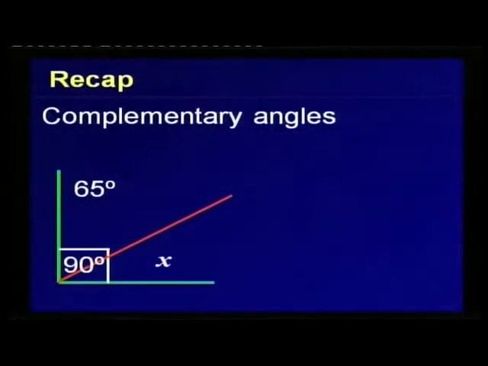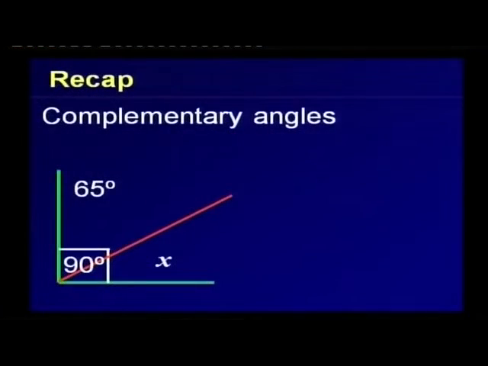All right. What would be this unknown angle, class? All right, here you have 65 degrees. This angle here is 65 degrees. What would be the other angle, receiving students?